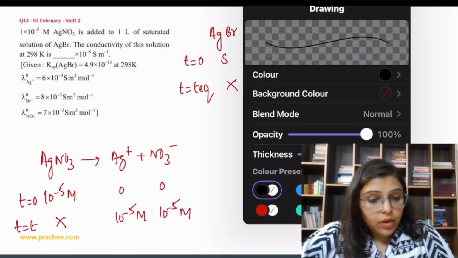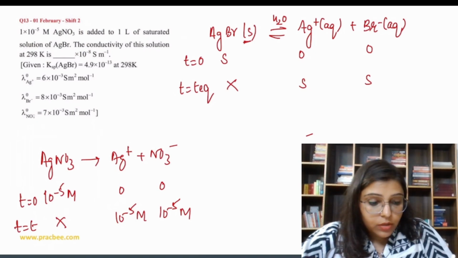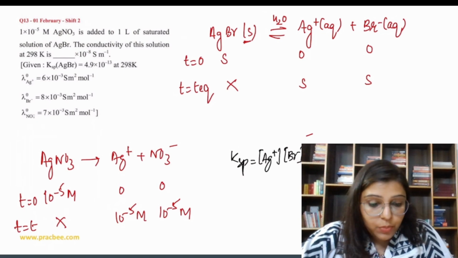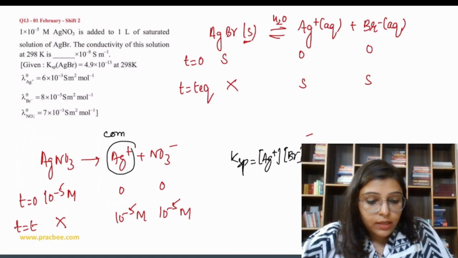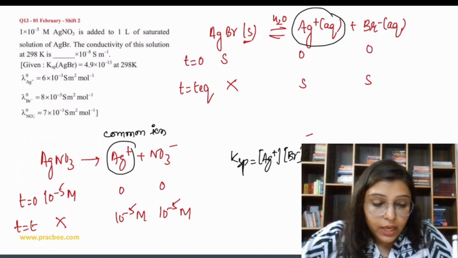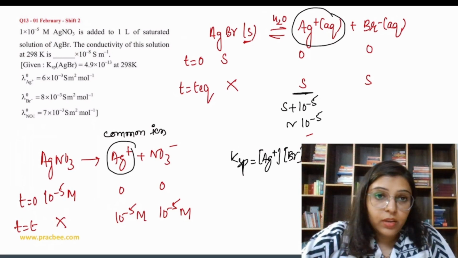Okay. Now we know that KSP is what? KSP is equal to concentration of Ag plus and concentration of Br minus. AgNO3 provides common ion. Ag plus is common ion. So here the concentration is not S, but it is S plus 10 to the power minus 5, which we can write as 10 to the power minus 5.